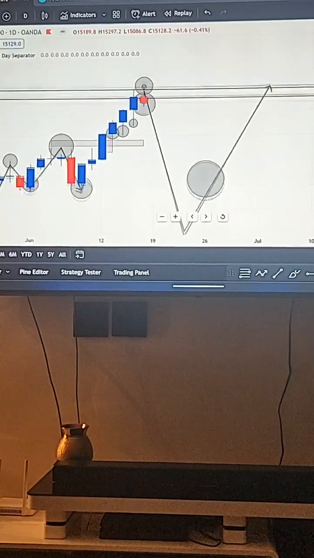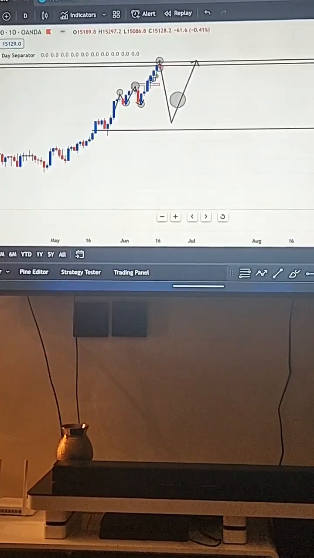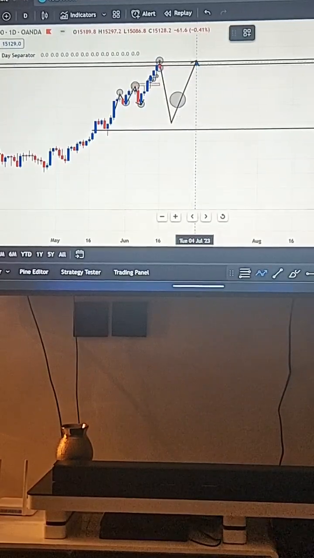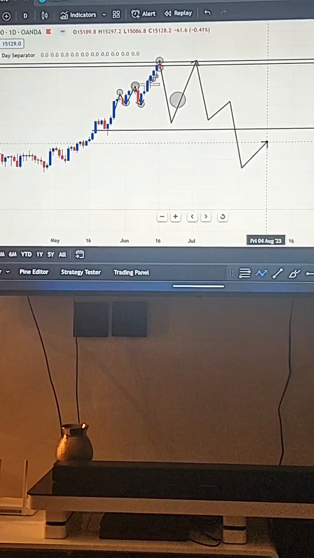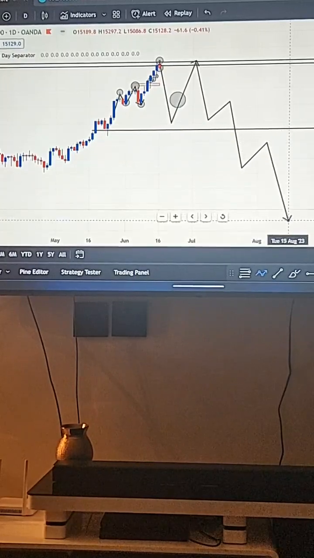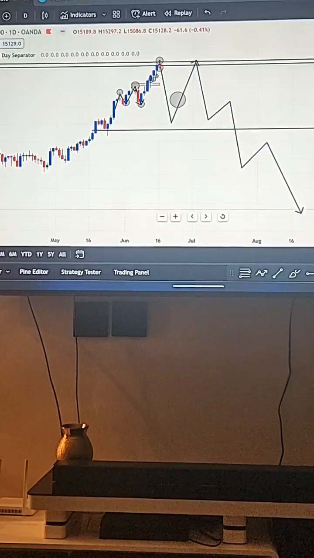What happens? Price then starts to crumble. And what we're looking for is an entry into this move on a lower time frame.